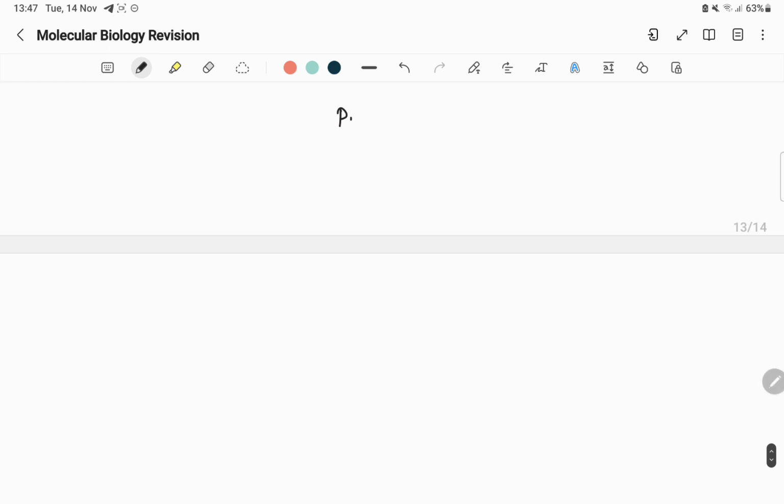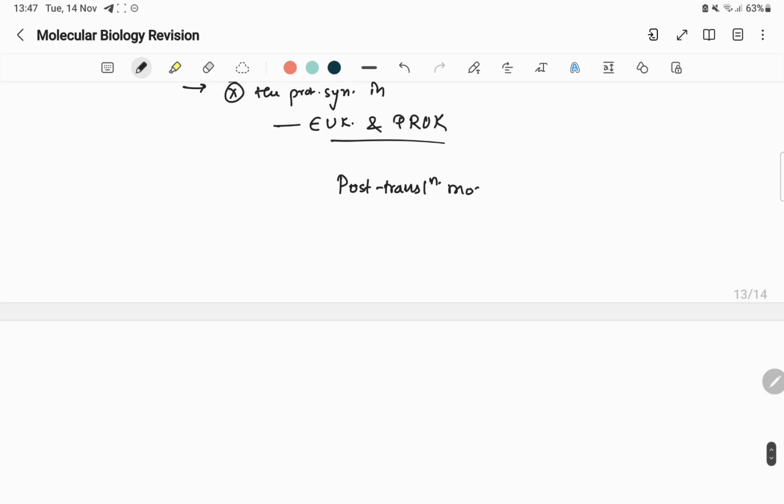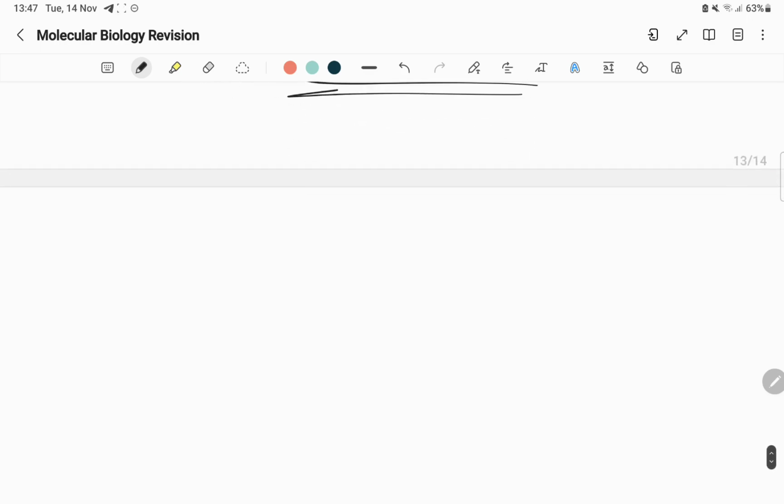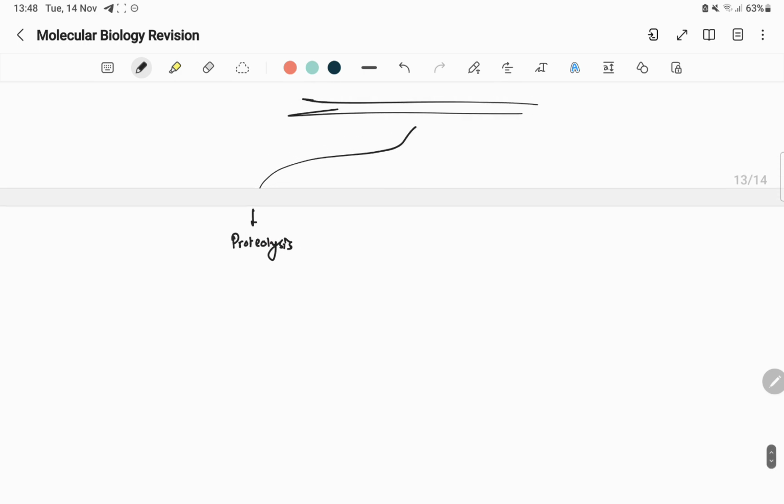Let's talk about some post-translational modifications. Talking about post-translational modifications, we have two types: one is called proteolysis, and another is called covalent modifications.